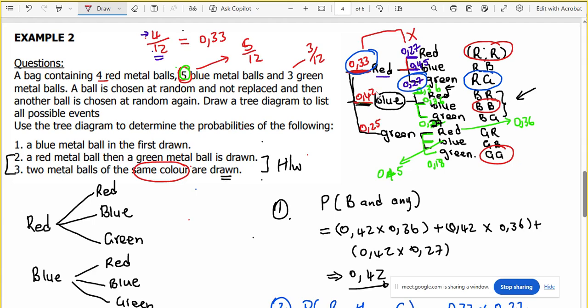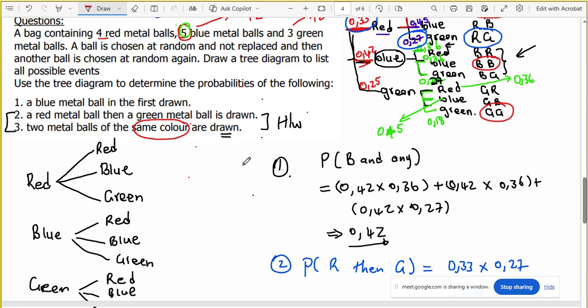Then 0.42 and 0.3, 0.27. What is that? 0.36. You multiply. Then you add the last one, 0.25 and 0.18. Okay? Yes, sir.